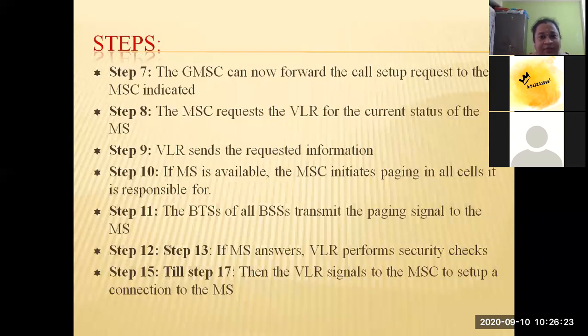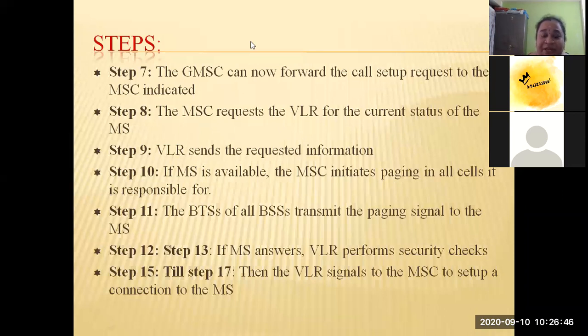Once the corresponding mobile station is identified through its MSC, the VLRs of the source and the destination check their security against each other, build the call and the connection among them, and continue to communicate with each other, right?